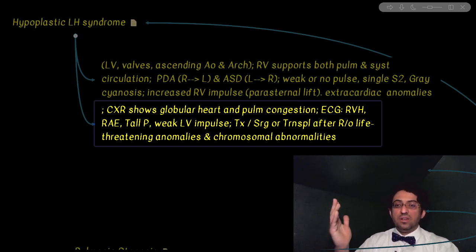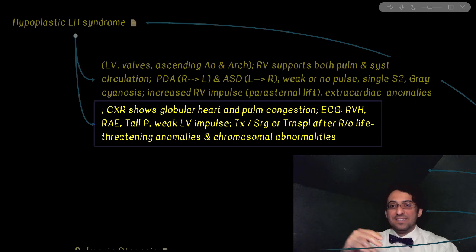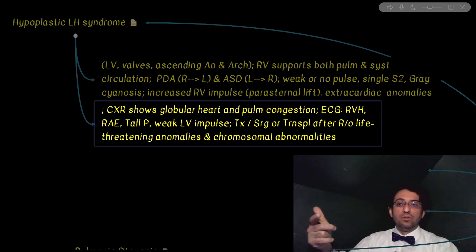In other words, we try to create something similar to Truncus arteriosus by manipulating and digging a hole into the septum between the aorta and pulmonary arteries to allow some circulation in the aorta.